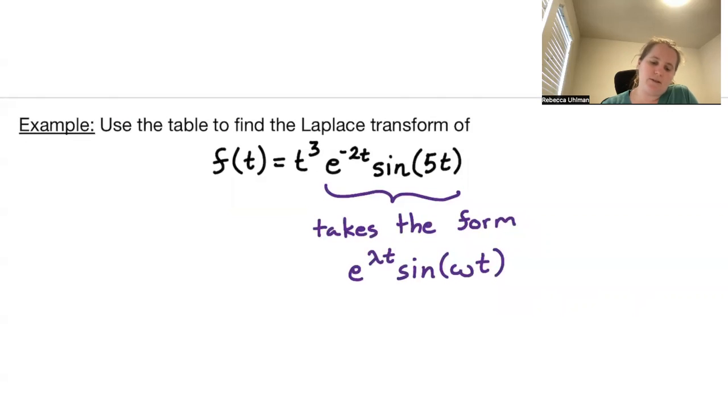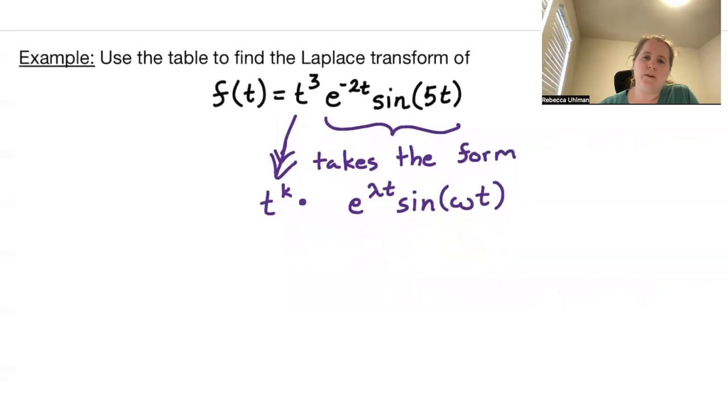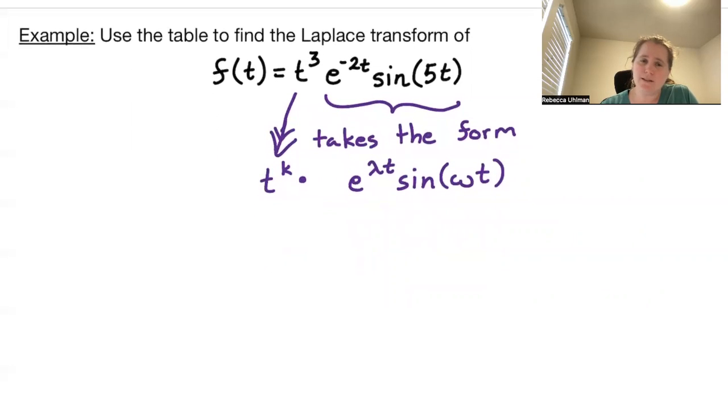But then we have times t cubed. So this is essentially t to the k times e to the lambda t sine of omega t. So we are here going to need two pieces.